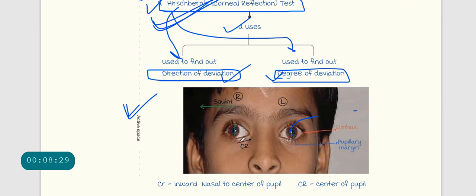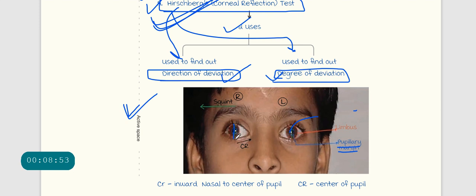We are basically going to draw a straight line passing through the pupillary margin. You can clearly identify the pupillary margin and the limbus, and we pass a straight line through both those points.